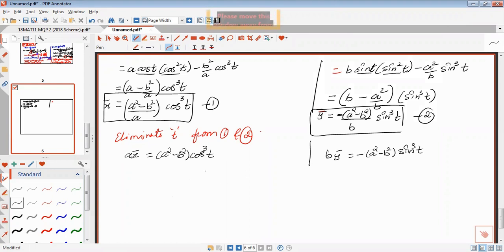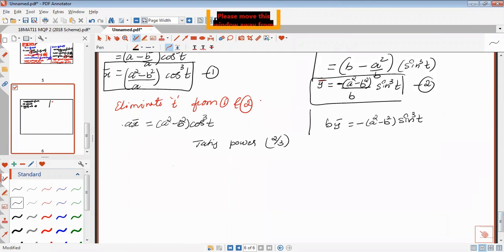Okay. Now taking power 2 by 3, that is squaring and taking cube root, on both sides, and also adding the resultant. So we will get a x bar to the power 2 by 3 added with the second equation, that is b y bar to the power 2 by 3 is equal to a square minus b square to the power 2 by 3, which is common in these two equations.